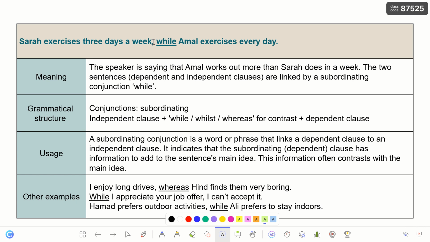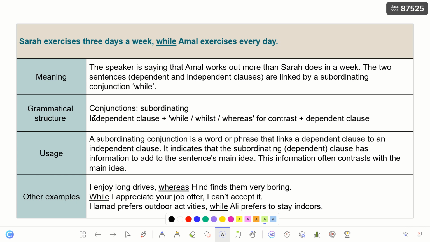It stands by itself and it has a full thought or a full meaning. Why? If I only say while Amal exercises every day, do you understand anything only from this part? No. So this is the dependent clause that doesn't have a full meaning and it can't stand alone by itself. It needs another part to give a full meaning.